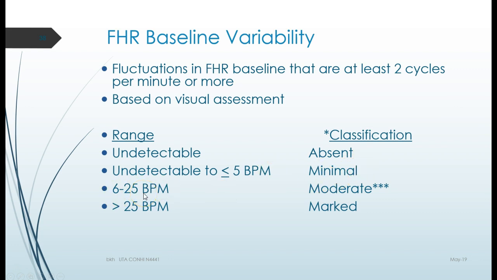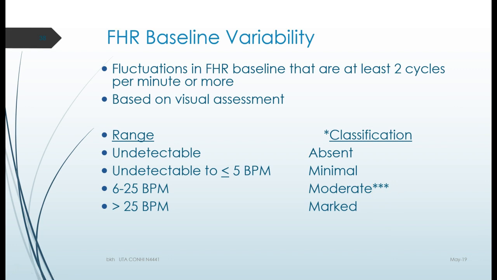If we look at it and we see that that variation from beat to beat, that range of heart rate, is 6 to 25 beats per minute, we call that moderate. And I'm going to show you pictures of this, so this will make sense here in a minute, I promise. Moderate, if you see the stars right here, it's because moderate is what we want.